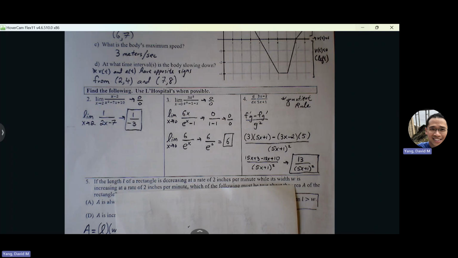Number 4 will just be quotient rule. We don't want to do L'Hopital's rule for 4 since it's not asking for a limit. It's a derivative problem.